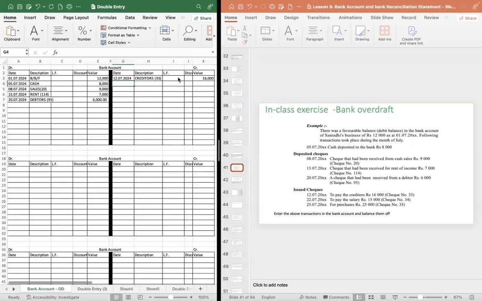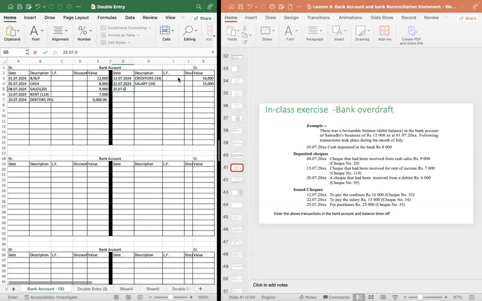And then on 22nd July 2024, to pay the salary of 15,000. The company has paid a salary of 15,000, check number 34. And then the next one is purchases of 25,000, check number 35.